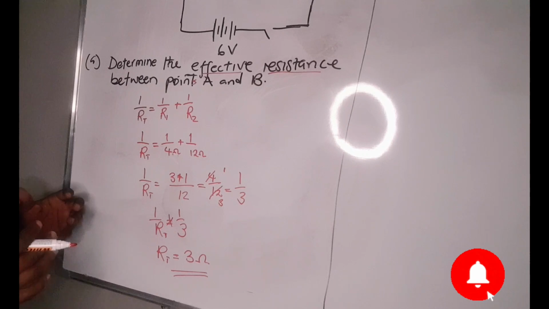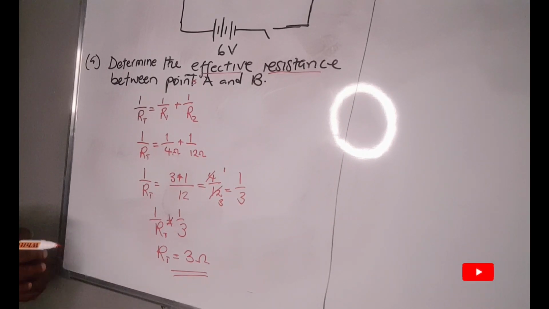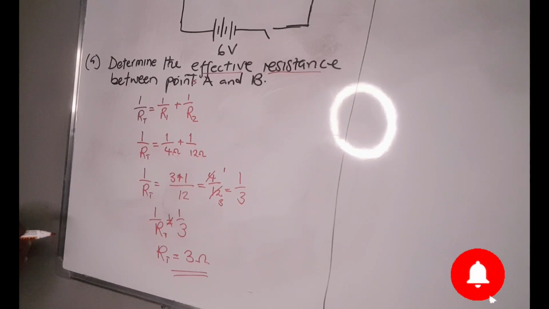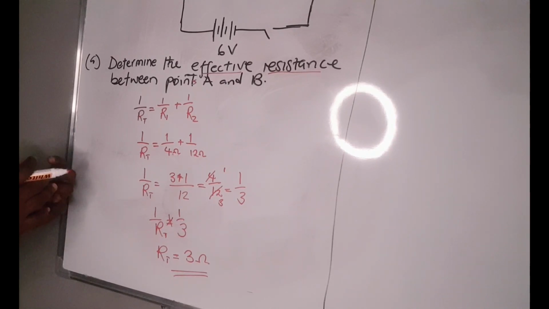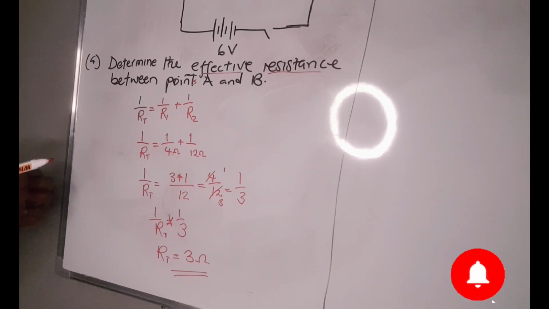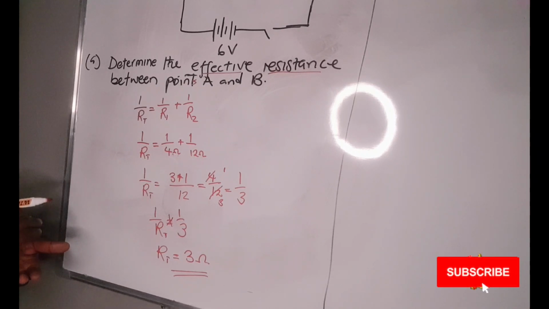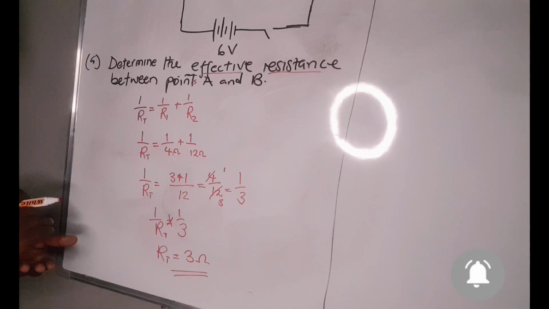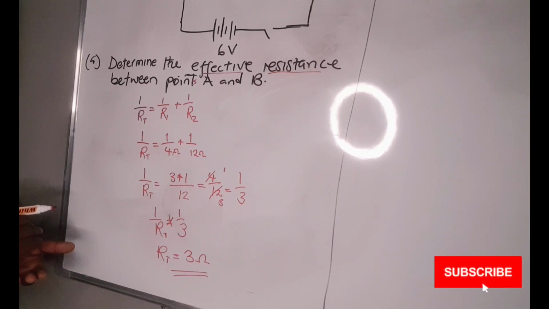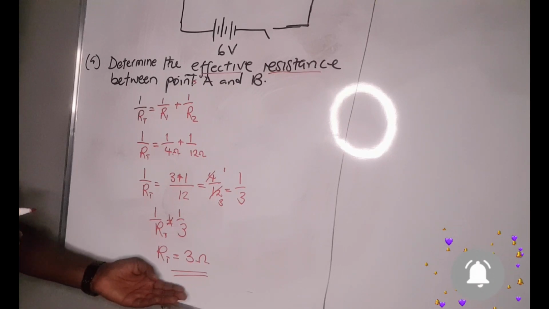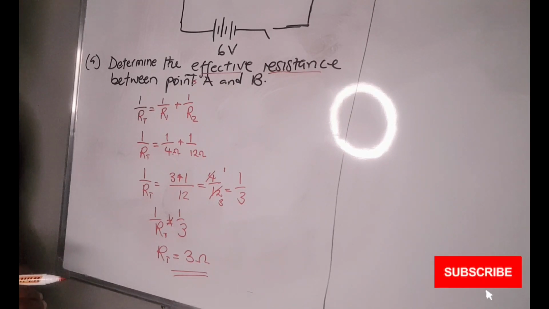So 3 ohms here is our combined resistance. In a parallel circuit, the total resistance provides a lower resistance as compared to the individual resistance of the resistors. So this is our total resistance.